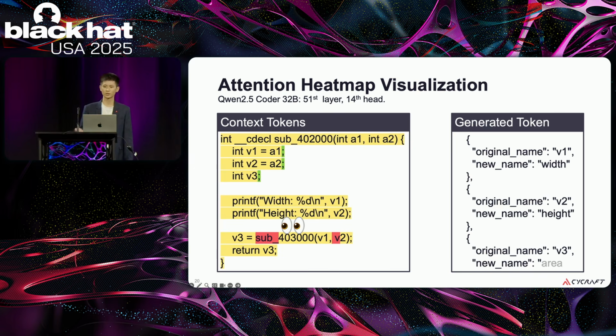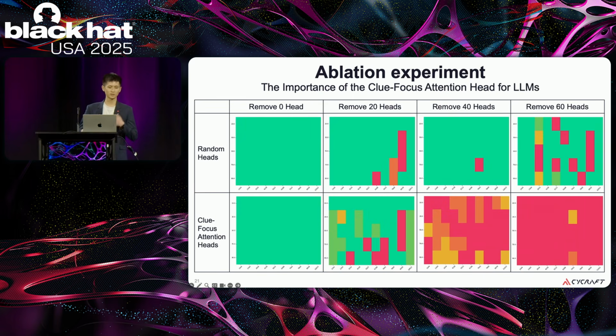We are also interested in how important this clue-focused attention head is in the language model. So we do an ablation experiment. In this experiment, we turn off some attention heads and monitor how it impacts the output of the language model. The green one means the output is correct, and the red one means the output is incorrect.